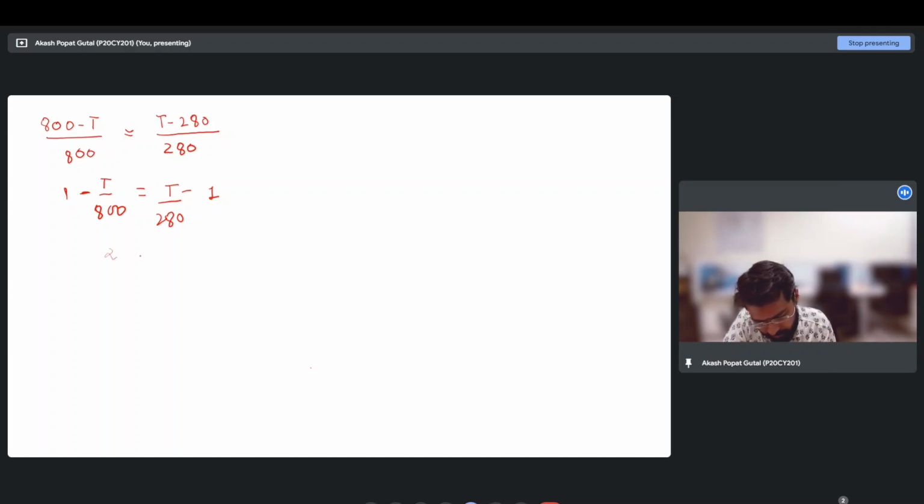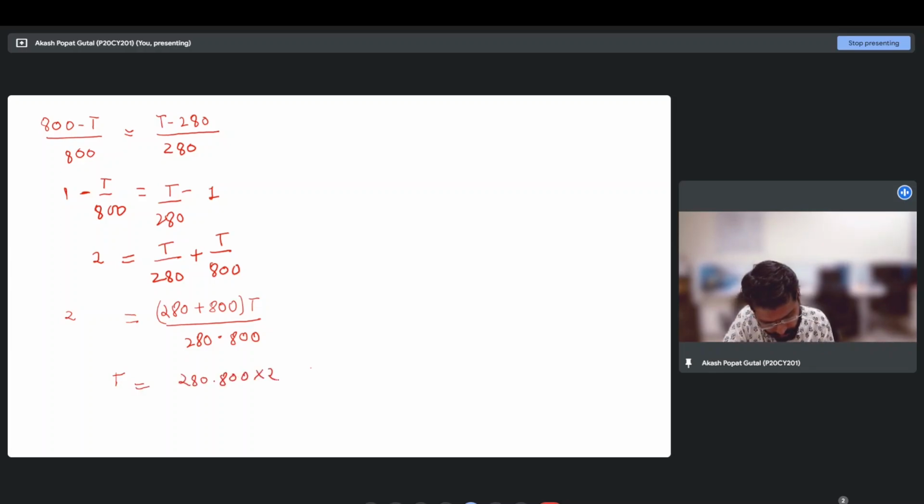So you will get 2 is equal to T by 280 plus T by 800. So we can do the algebra. 2 is equal to (280 plus 800) into T divided by 280 into 800. So for the T expression we will get 280 into 800 into 2 divided by 280 plus 800.